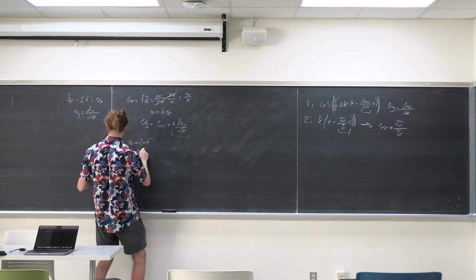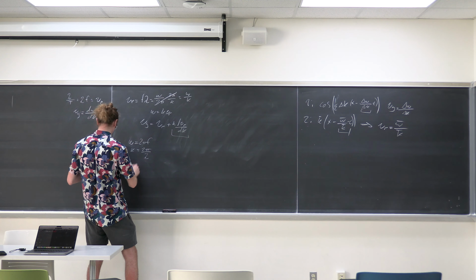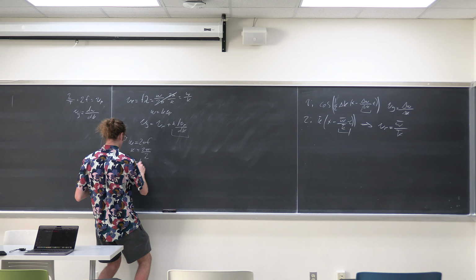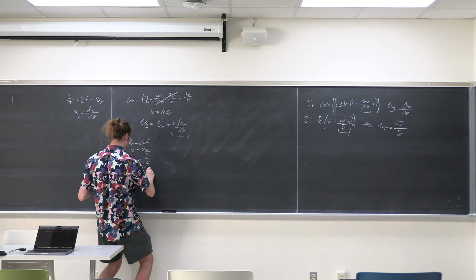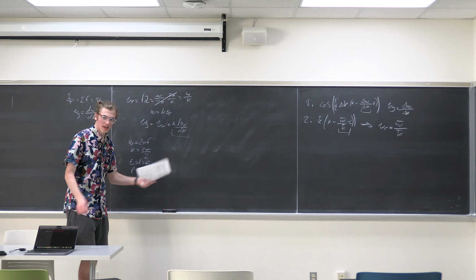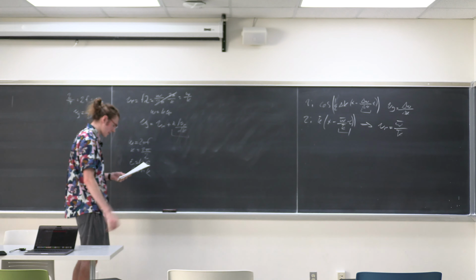You have k equals 2 pi over lambda. I know I'm writing these all out again. I just like to see them. E equals hf. p equals h bar k. A reminder that h bar is just off of h by a factor of 2 pi.